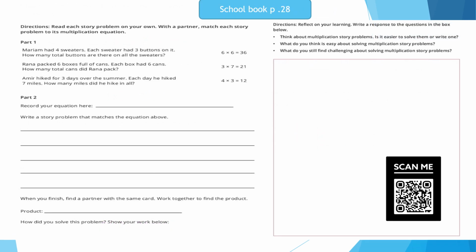Read each story problem on your own or with a partner and match each story problem to its multiplication equation. The first story problem: Maryam had 4 sweaters. Each sweater had 3 buttons on it.